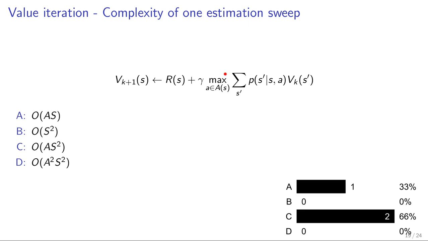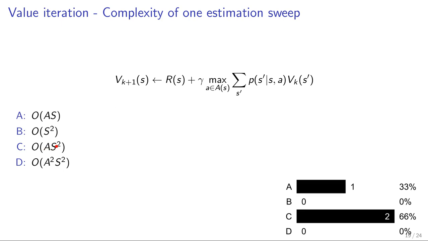And then the successor states, and now it depends on your environment. But if you imagine everything is connected with everything, you can have up to, again, S neighbors. This is usually not the case, not in our map, because we cannot get from every square to any other square. But the upper limit is this.